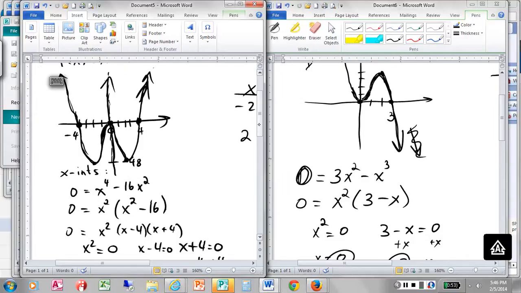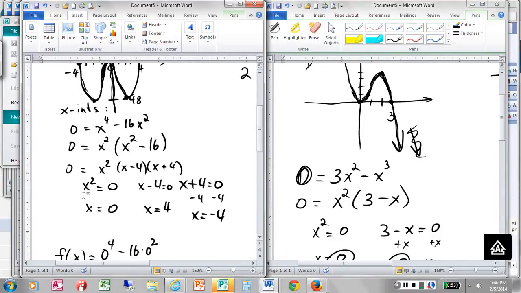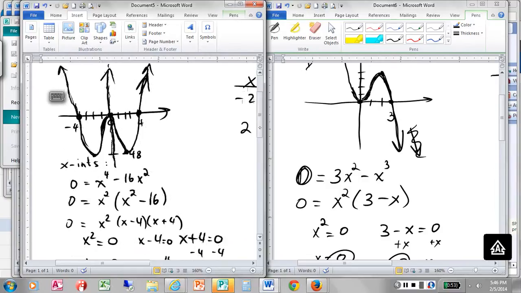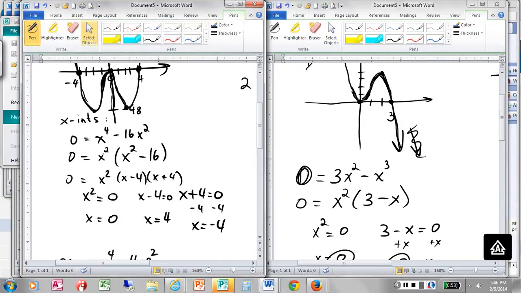And the difference here was, if you look back, we see that both of these were at x equals 0. They came from the equation x squared equals 0. In other words, that factor, when I factored it out, it was squared.